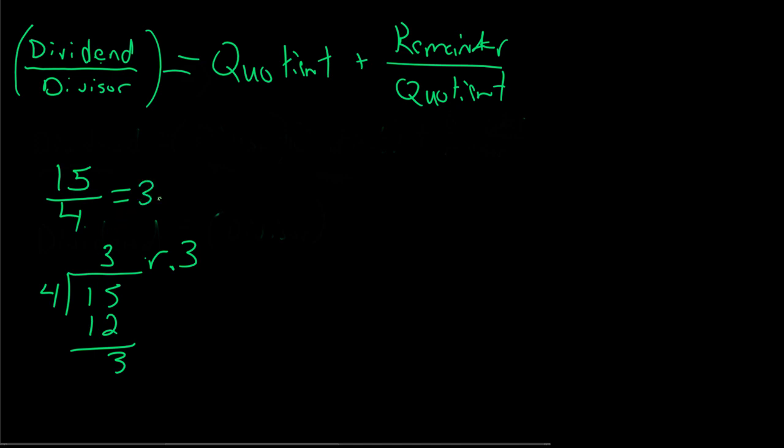So 3, I'm going to use this format. There's my quotient, 3, plus my remainder over my divisor. And mathematically, that is what this represents. And so for me, I see the quotient as the result of this division and the remainder out here.